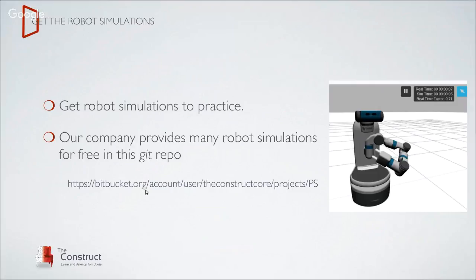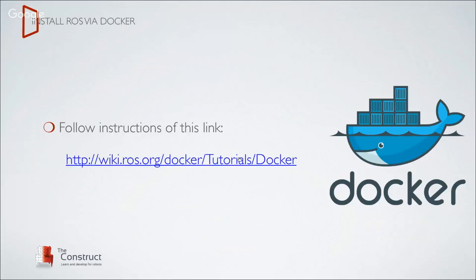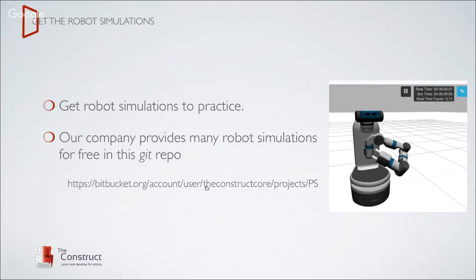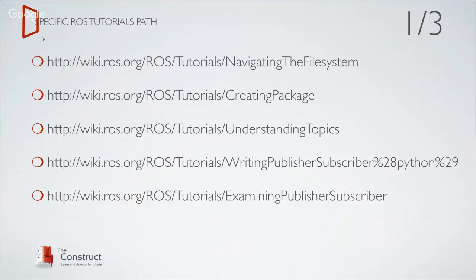So you can use Gazebo 7 for now. By the way, Gazebo 7 is the one installed in this Docker if you use this Docker tutorial. So that's it, we have the simulations.